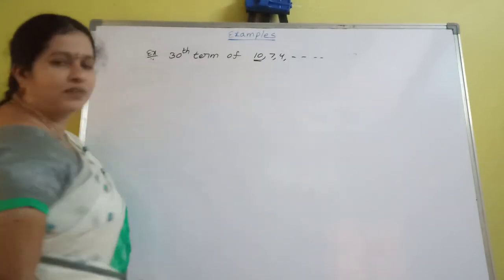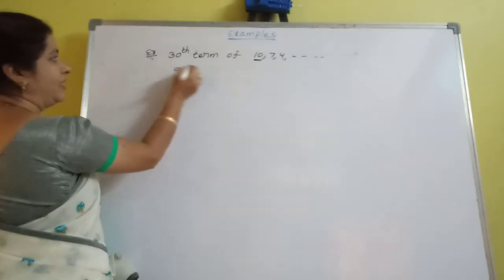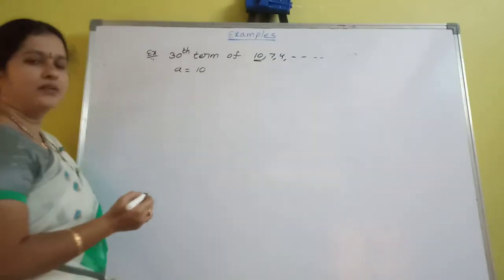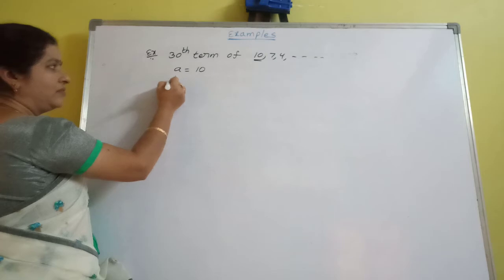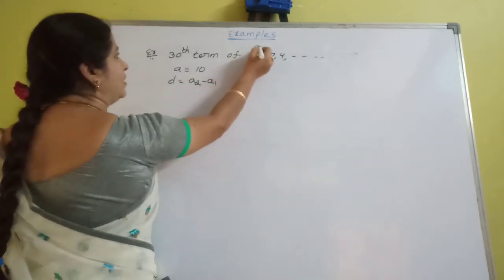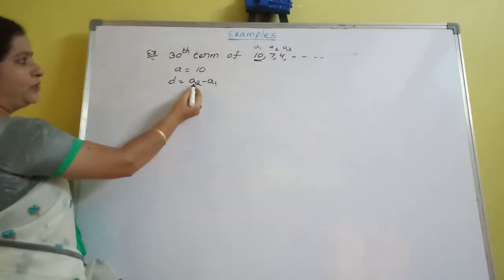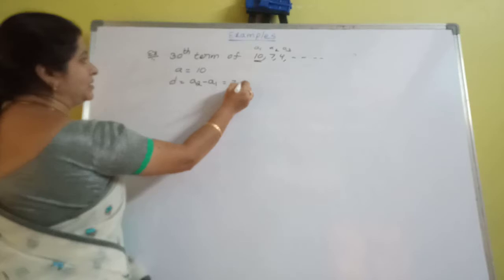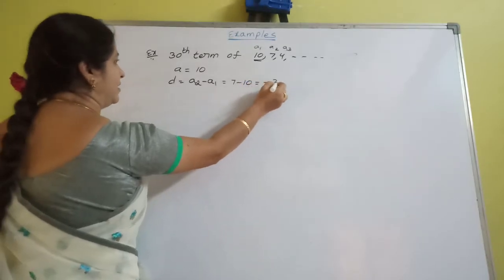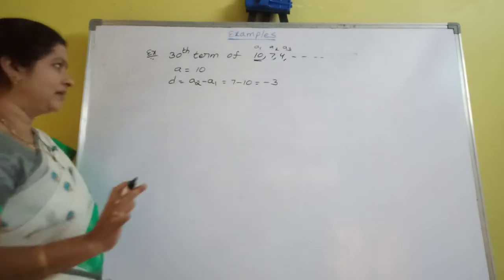The first term is always A. So A equal to the given first term, A equal to 10. So how can we find the D value? A2 minus A1. A1 means A only. A1, A2, A3. So A2 minus A1. So 7 minus 10. So it is minus 3. Not plus 3, it is minus 3.